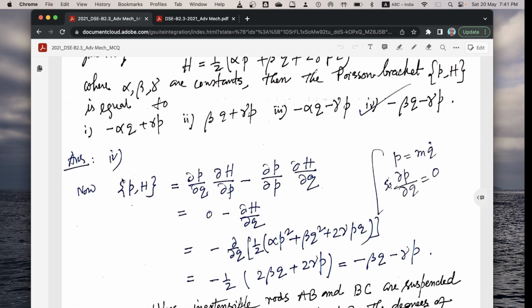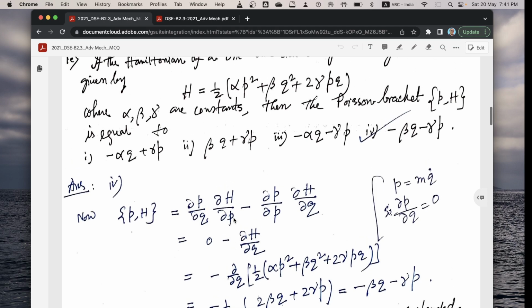Here the Poisson bracket {P, H} equals ∂P/∂Q ∂H/∂P − ∂P/∂P ∂H/∂Q. And the first term equals 0 because ∂P/∂Q equals 0.